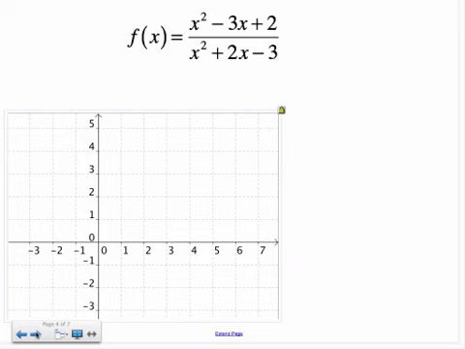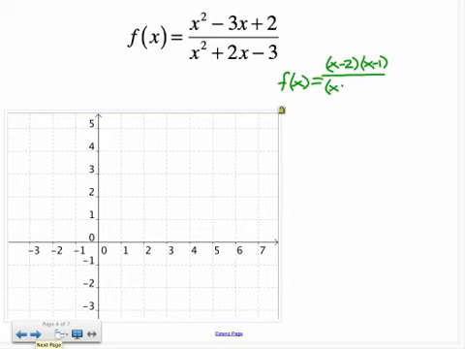I'd like to know when this f is 0 and when this f is undefined. They're both polynomials in the numerator and the denominator, and to find the zeros, we would like to have them factored into their roots. So the numerator can be factored as x minus 2 times x minus 1, and the denominator can be factored as x plus 3 times x minus 1.